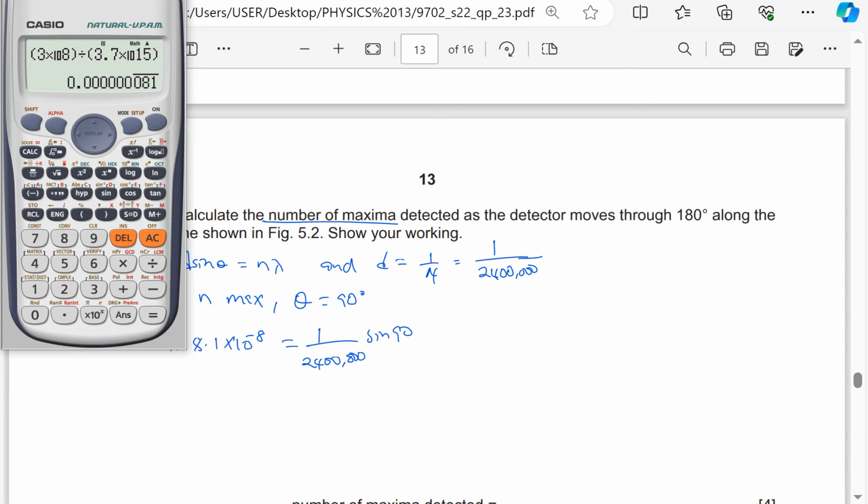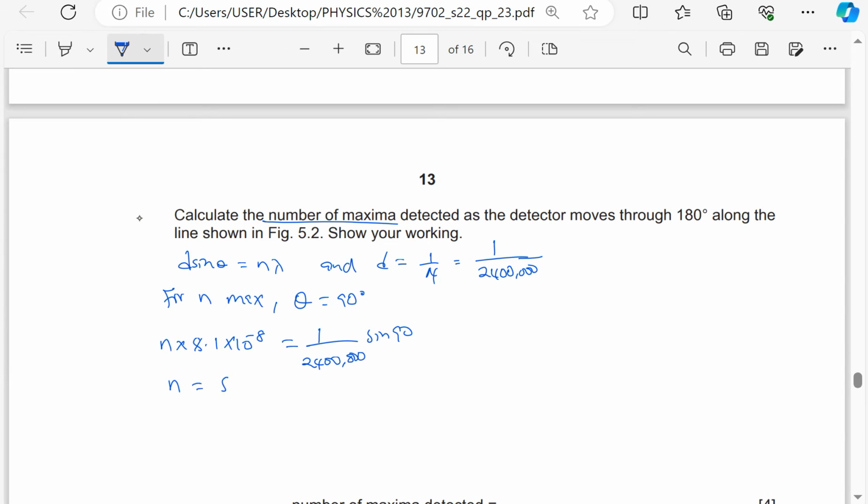I'll first find n here. So 1 divided by 2,400,000, then I divide this by 8.1 times 10 to the minus 8. So this is 5. We round off to the smallest whole number. So n is going to be 5 here.